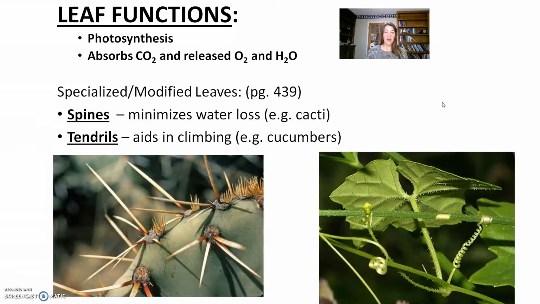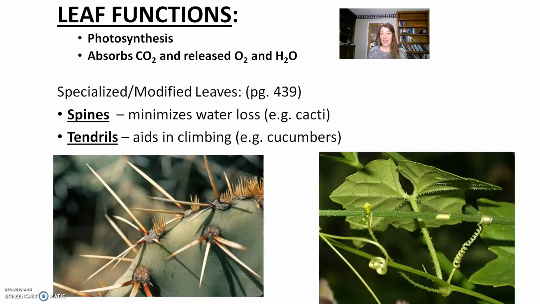Let's now talk about leaf functions. Of course, leaves do photosynthesis. They absorb CO2 and release oxygen and water. There are specialized or modified leaves as well. We have things called spines, and instead of having leaves where the blade is very broad, they just have these tiny little spines, and this minimizes water loss.